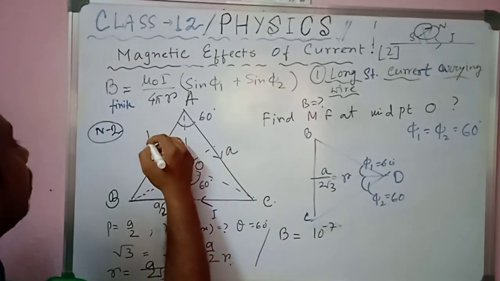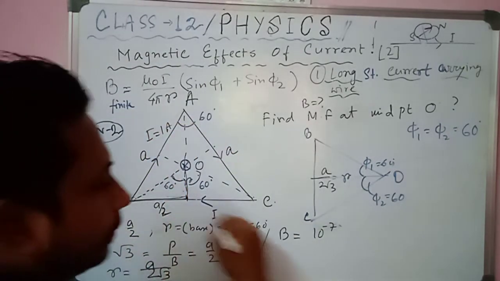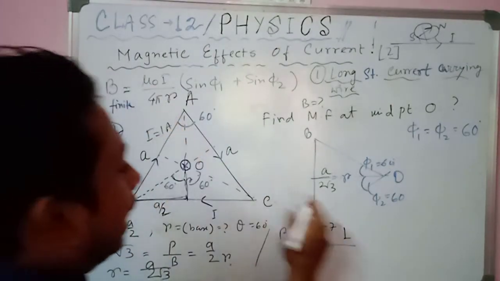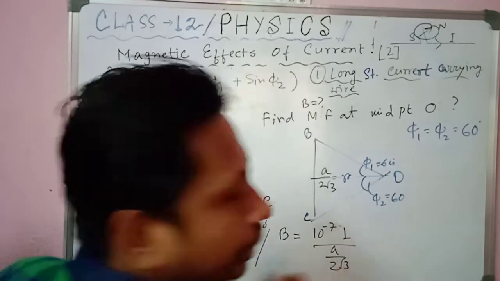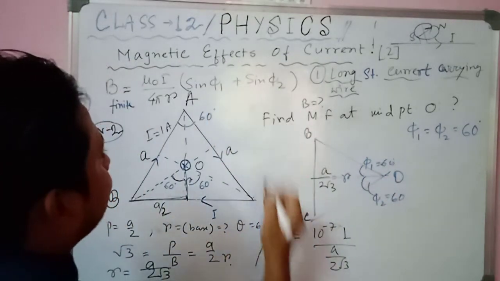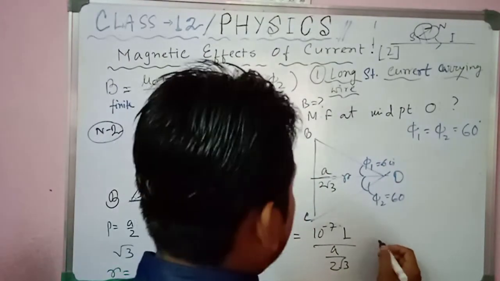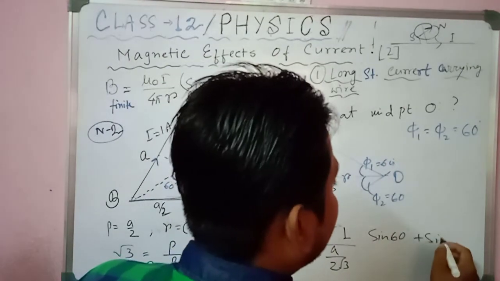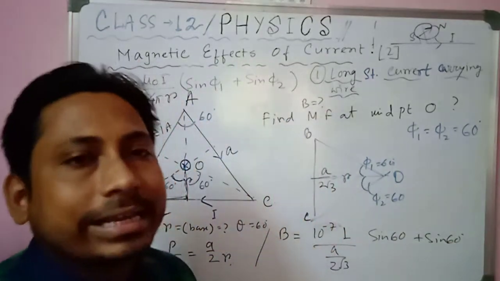Suppose I equals 1 ampere, given in the question. So I equals 1, and R is A by 2 root 3. Then sin phi 1 plus sin phi 2: sin phi 1 means sin 60, and sin 60 plus sin 60 means 2 sin 60.